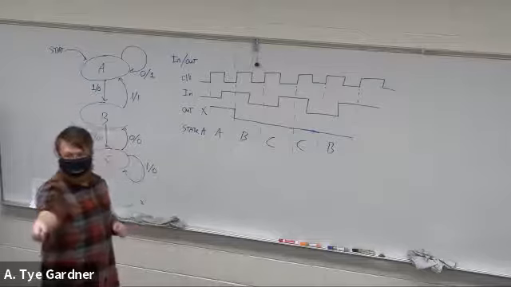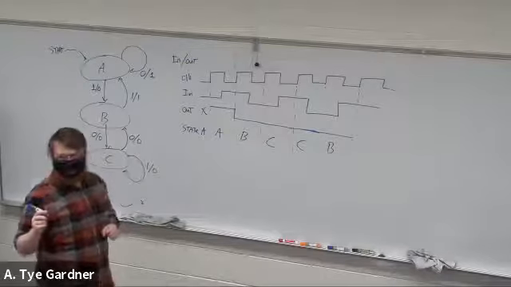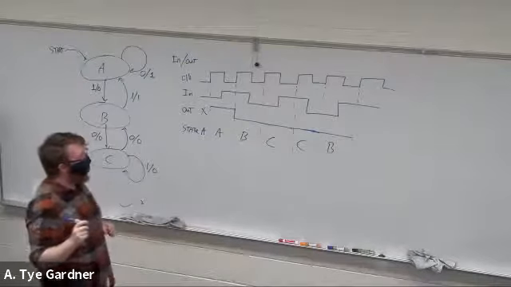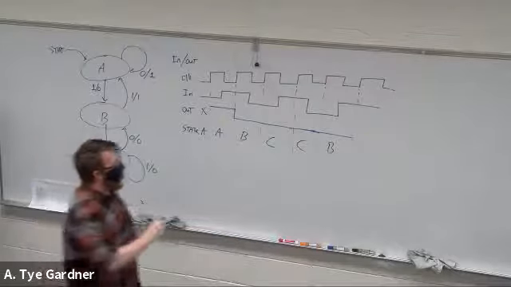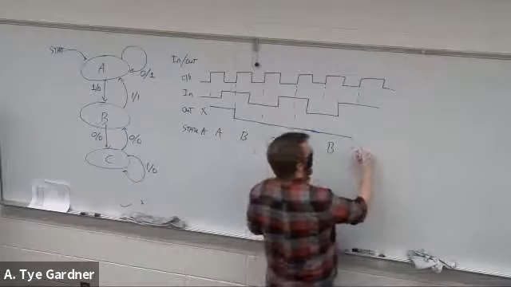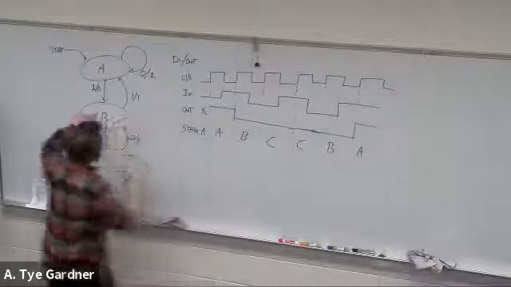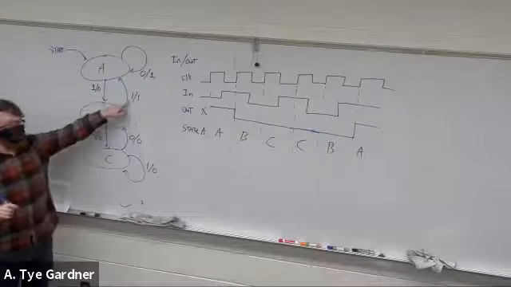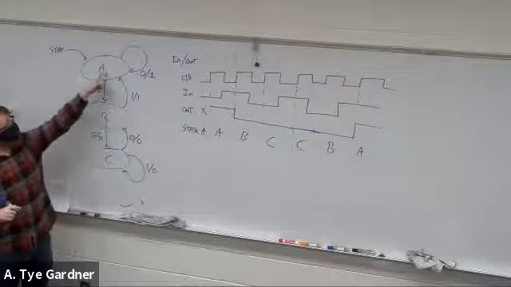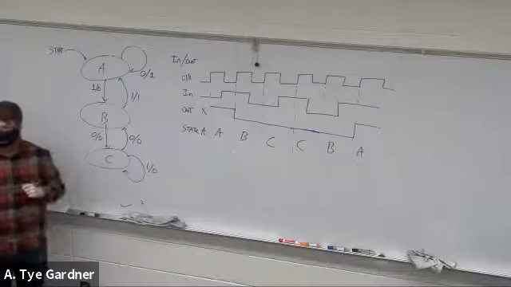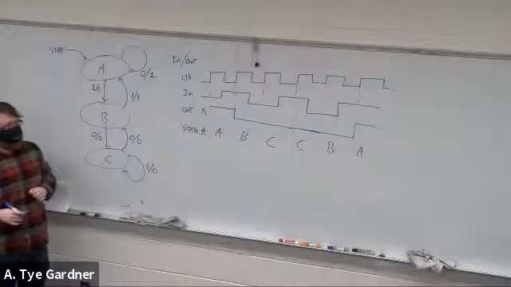And then what happens next? Yeah, exactly. And what is my output? Because I was in B, I saw an input of 1, so I make that transition from B to A. That's my state machine.